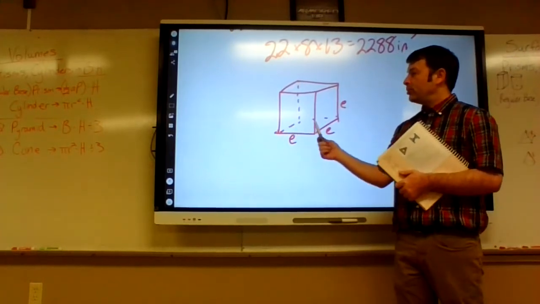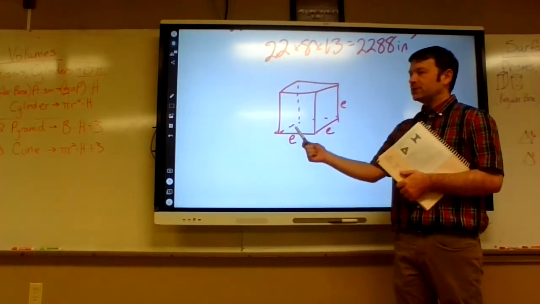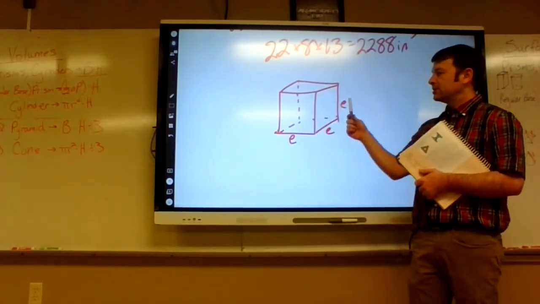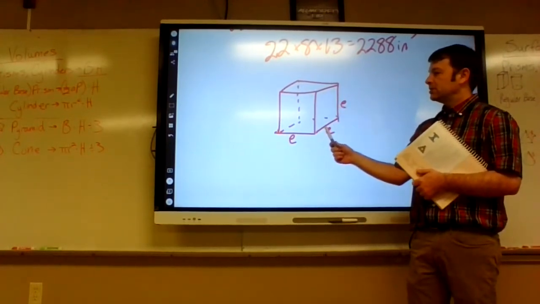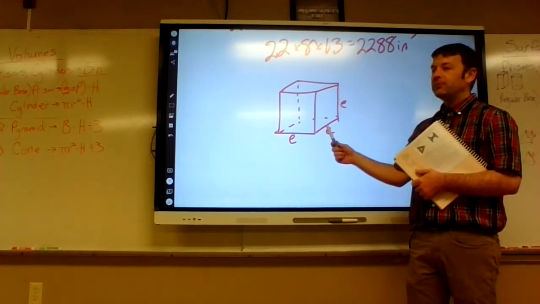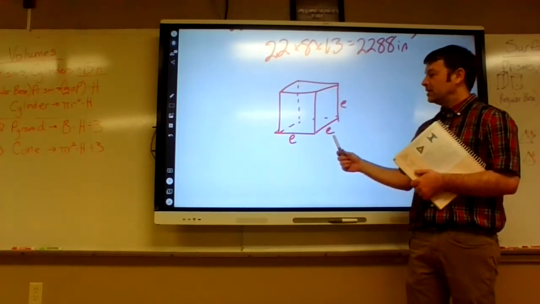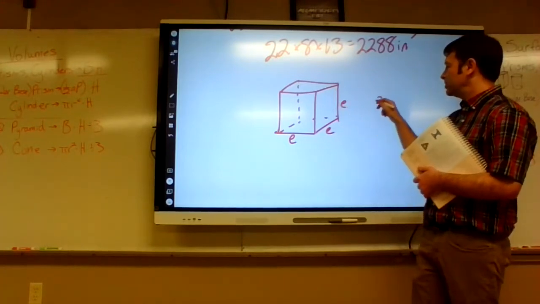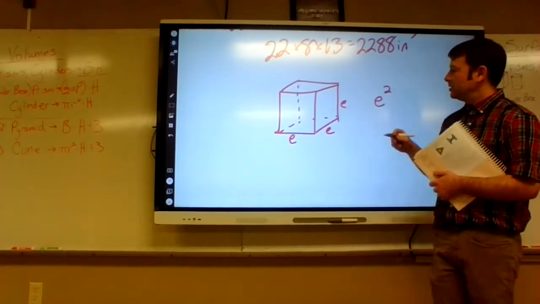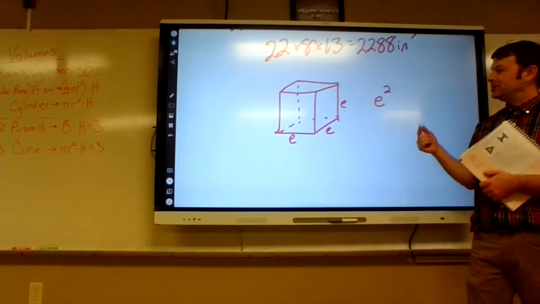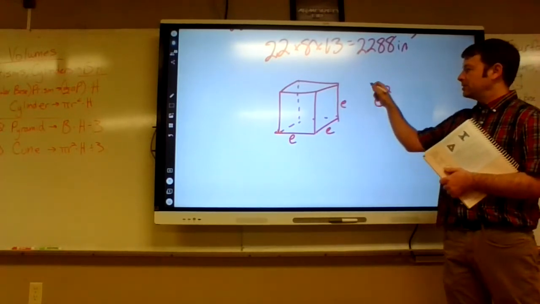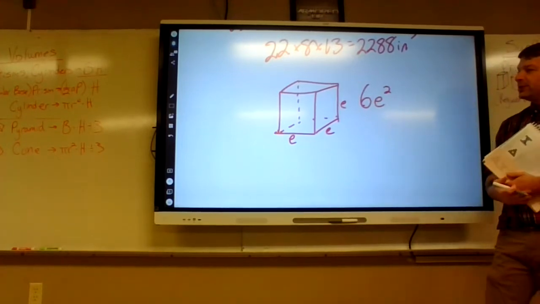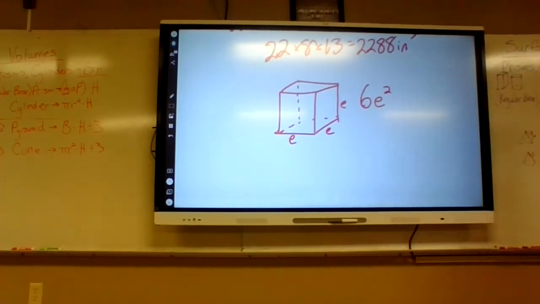Okay, what would the area of just one of these faces be? How would I find the area of just one of these sides? Base times side. Yeah, but what's the base? E times E, E squared. So the area of one side is E squared, but how many sides are there? 6. So that would give us the surface area for a cube.